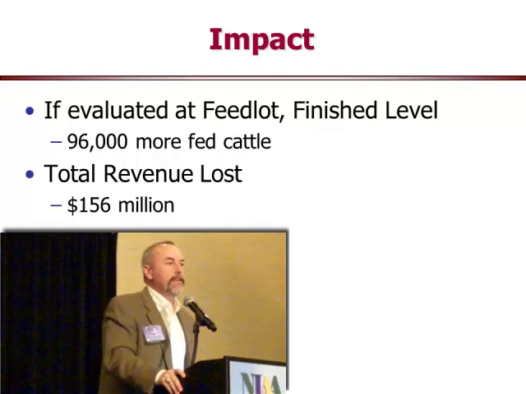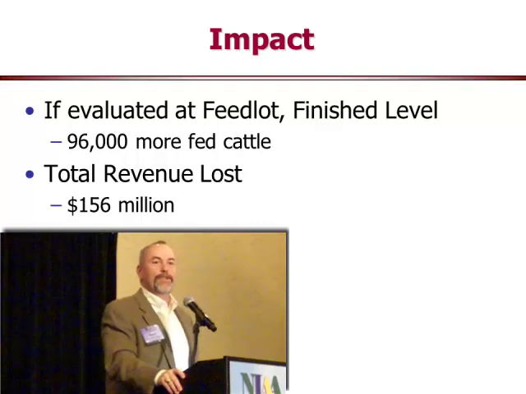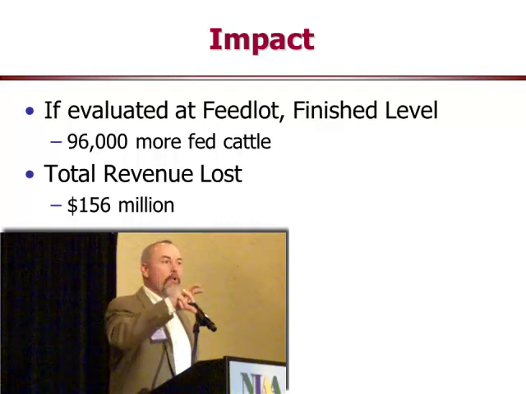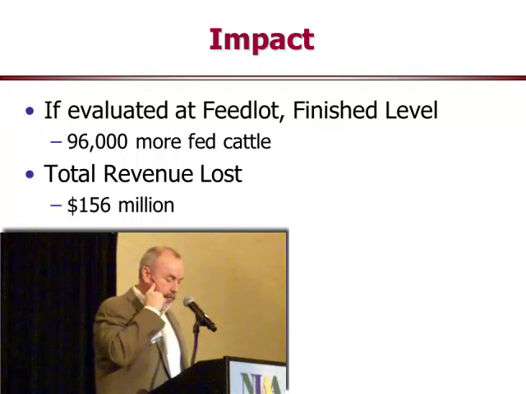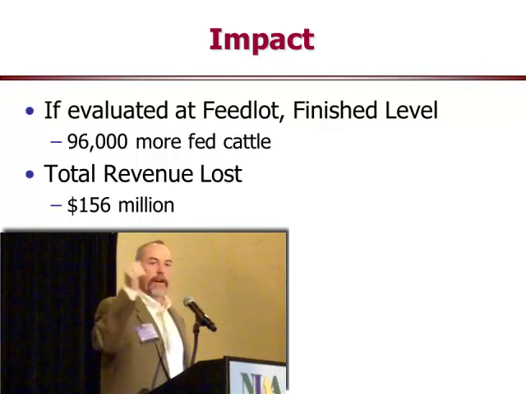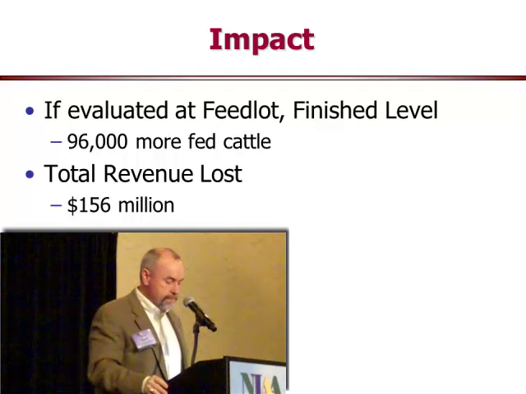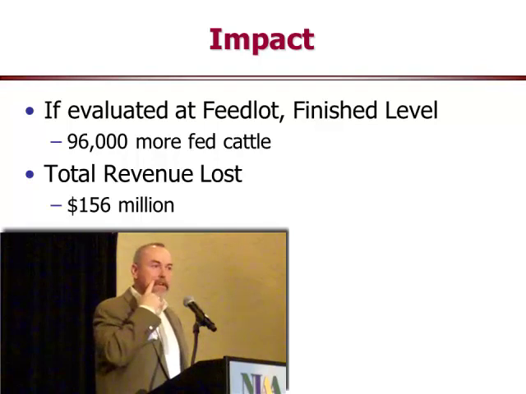That's a significant number, I think, when we look at the total economic impact of this, whether we're looking at cow-calf, feedlot, or total economic impact. That's a pretty big number, I think.